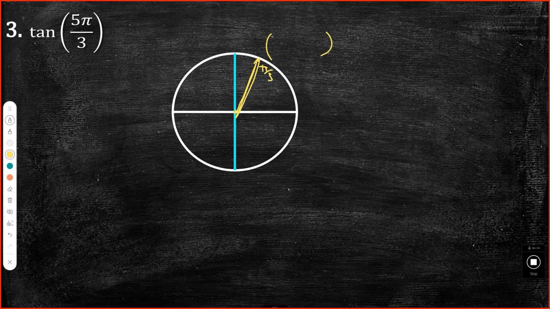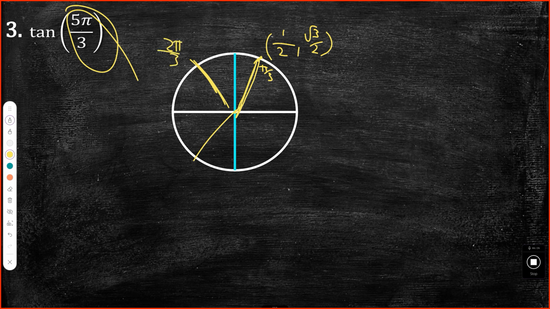Well, the answer should be either 1/2, and then it went 1, 2, 3, root 3 over 2 here. If you go 3 minus 1, that's 2 pi by 3, that's not it. 3 plus 1 is 4 pi by 3, nope, that's not it. 3 plus 2 is 5 pi by 3.